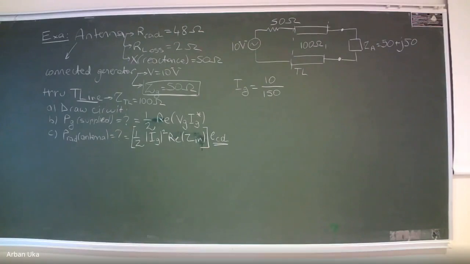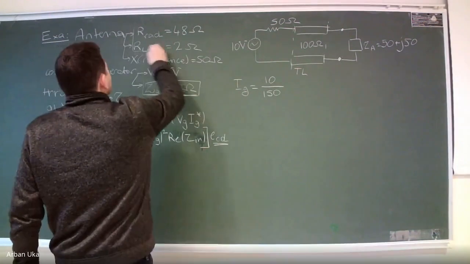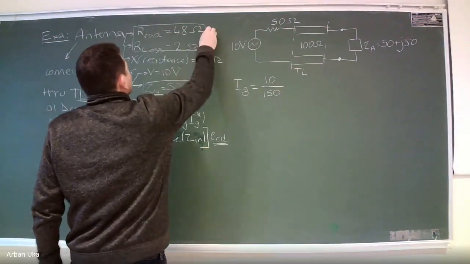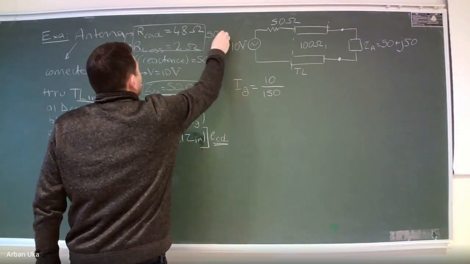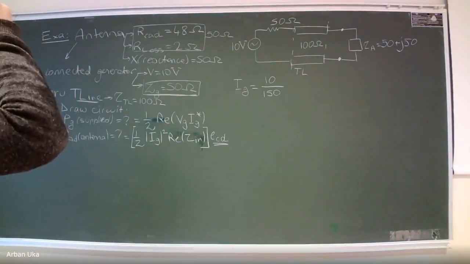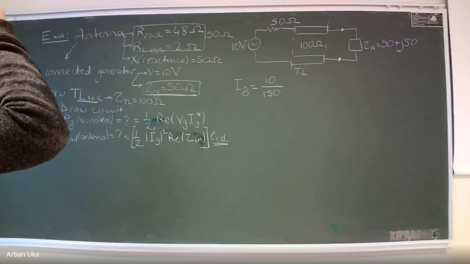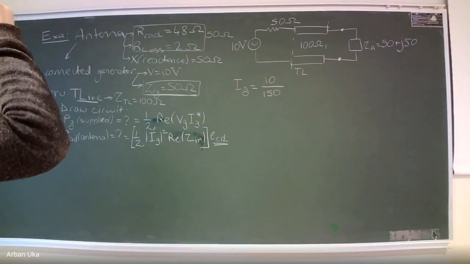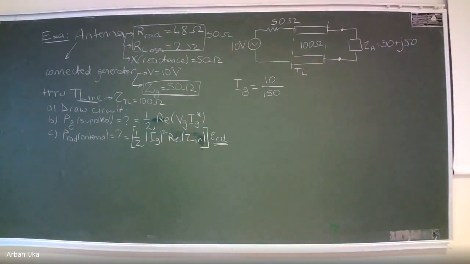We have the antenna, it is 50. So we have the radiation loss, the radiation resistance and the loss resistance. Those two are purely resistances with no phase difference at all. That's why we get that 50.